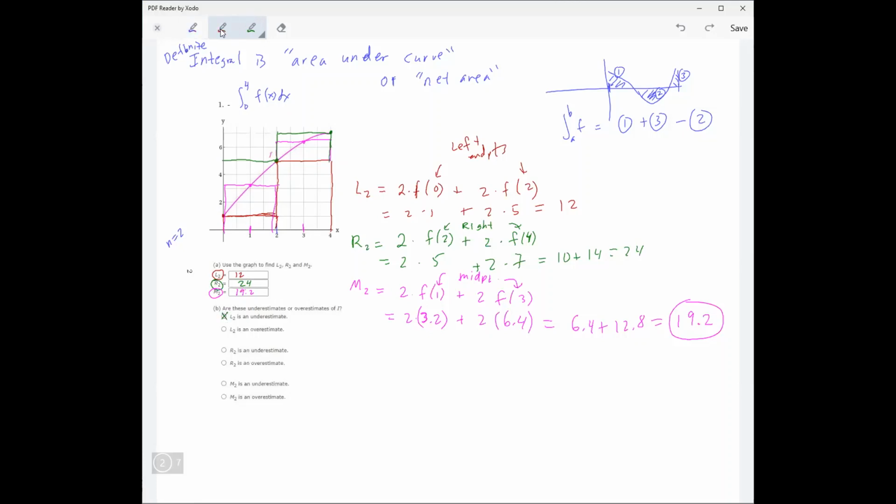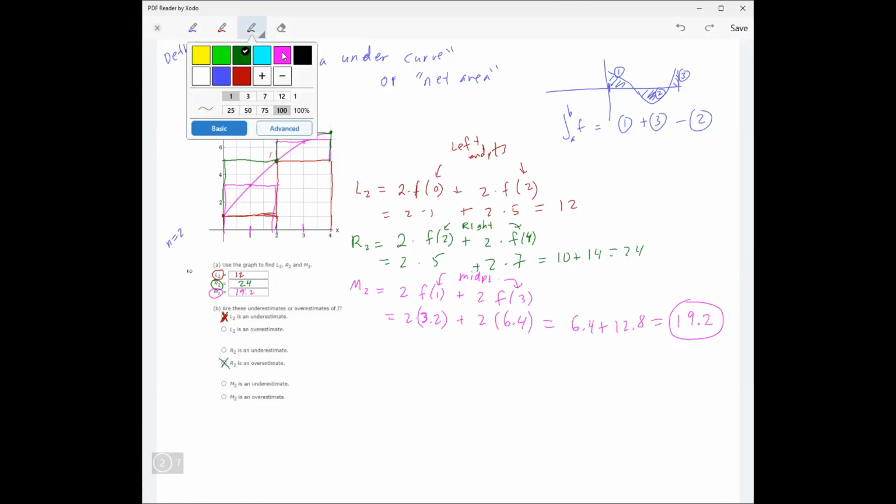And then R2, using the right endpoints, this rectangle here contains this area under the curve, and this green one contains the area under the curve too. So this will be an overestimate.